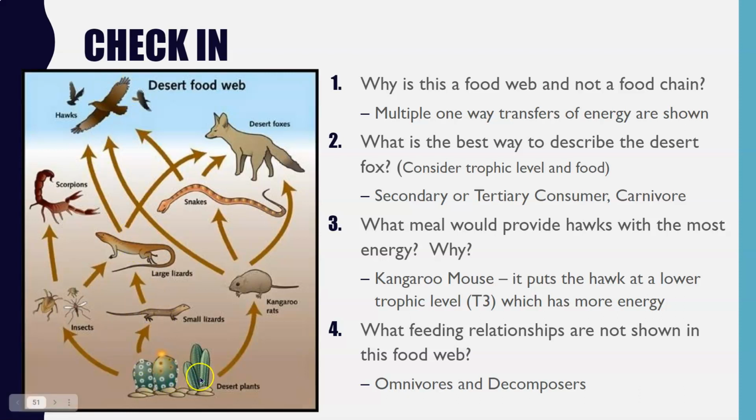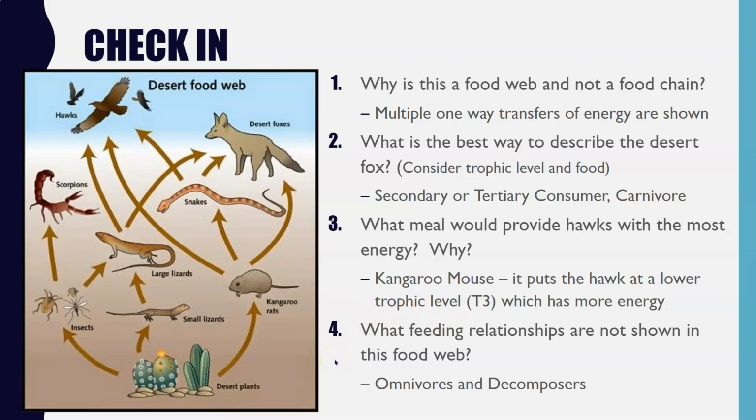If you go from desert plants through the kangaroo rats to the hawks, it would be 1, 2. So going from desert plants to kangaroo rats gives the hawks the most energy. Okay, it puts the hawk at a lower trophic level, which gives it more energy.